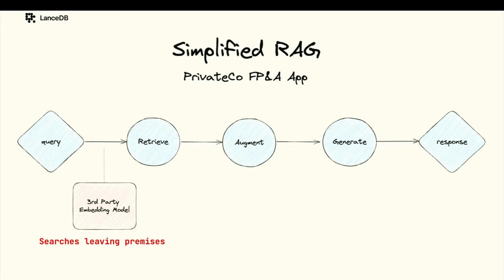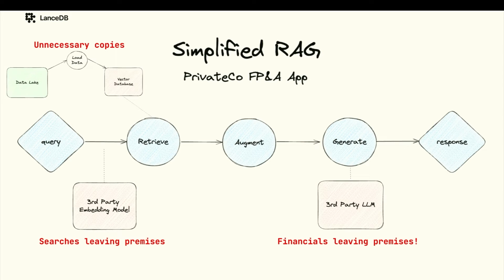So now your searches are leaving the premises. And then you have the vector database that you're using to then retrieve that context. And then when you send the augmented prompt to that third-party LLM, you're now sending potentially your very private data out on the public open internet. And so once you do that, you often have no control other than promises that it won't end up in training data.